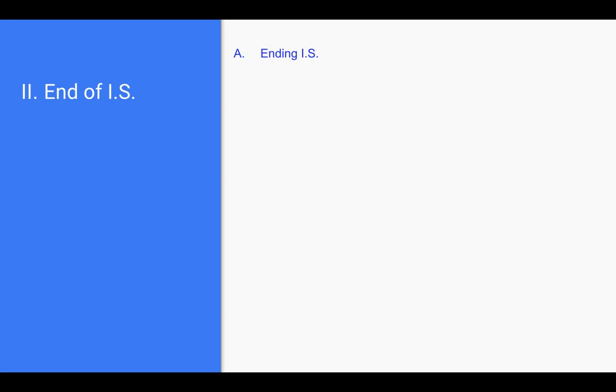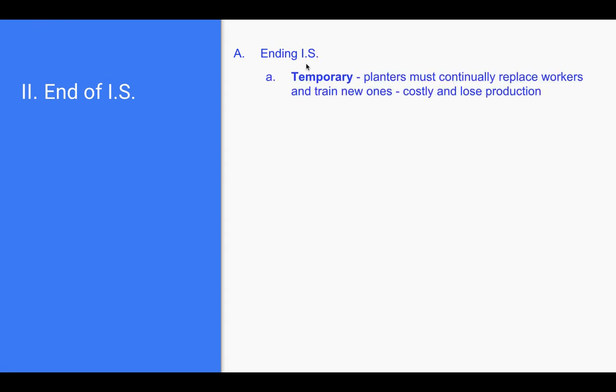All right, ending of indentured servitude. There are 4 reasons why indentured servitude ended. So please pay attention to the words in bold. They're the most important things. So uppercase A, ending of indentured servitude. Lowercase a, first of all, indentured servitude was temporary. Planters had to continually replace workers and train new ones. This was costly.